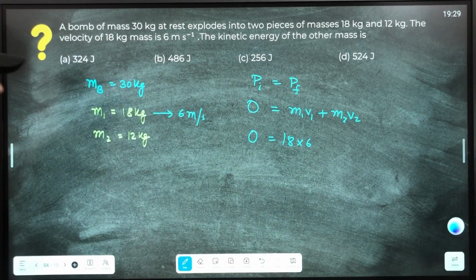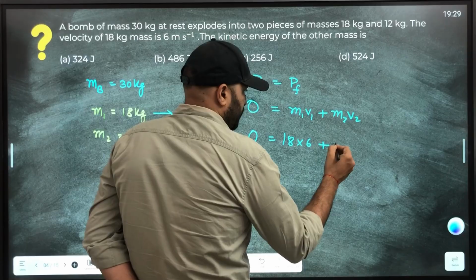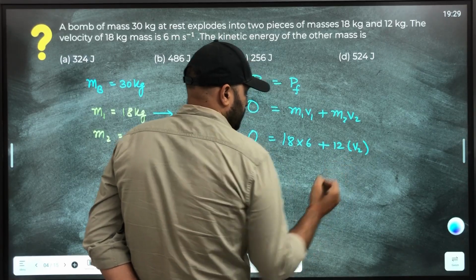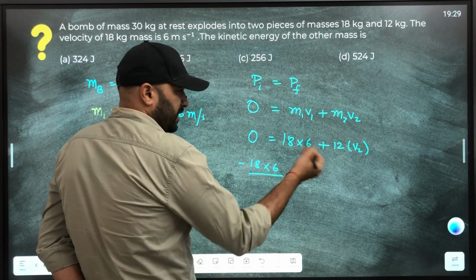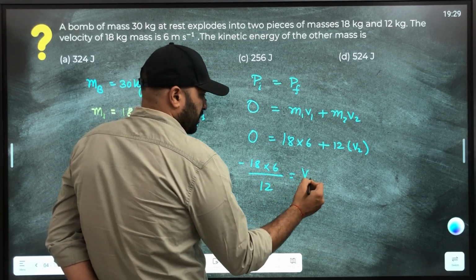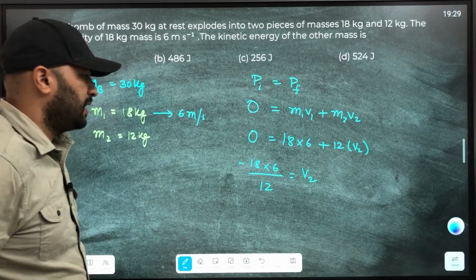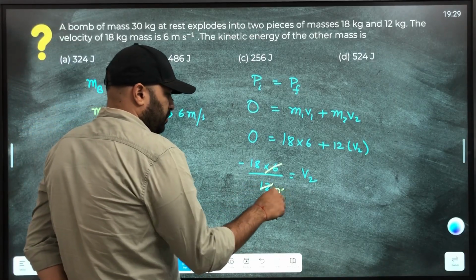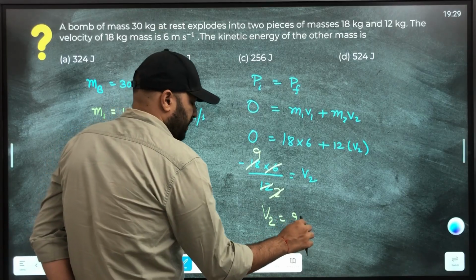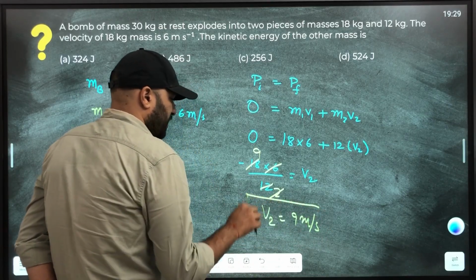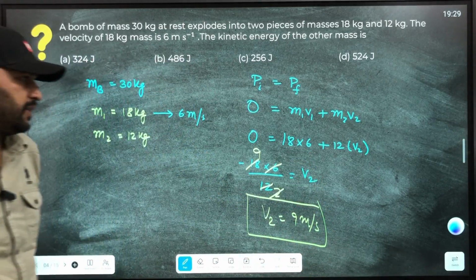Clear? m2 here is 12 kg and we don't know the velocity v2. Taking it that side, minus 18, we don't care about the negativity, that's just a direction, v2. Clear it is? Let's cancel out 6 2s and 2 9s. So the velocity of the second particle, magnitude, is 9 meter per second. I hope this is clear. This is the magnitude of the second particle's velocity.